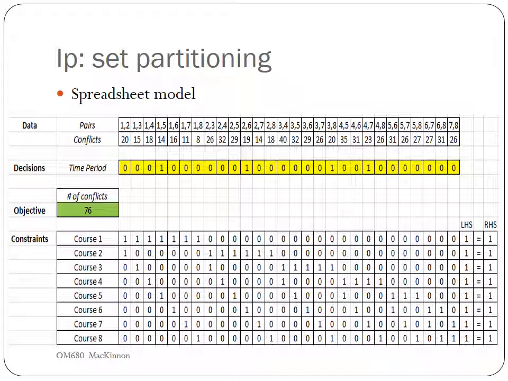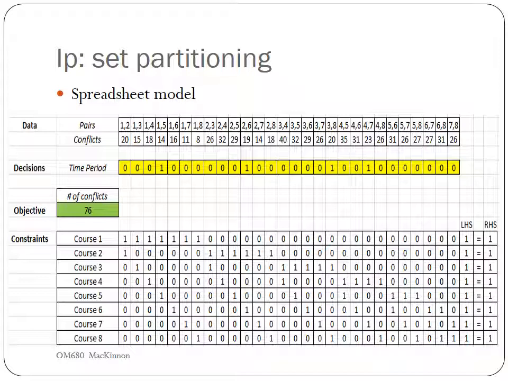So here is the spreadsheet model. Okay, once again, you can see at the top that we have paired things up. All right, we've paired up the different time periods, 1 through 7. Okay, and we have listed below that the number of conflicts. So we've basically taken that data that was in the previous slide and put it into linear model format.